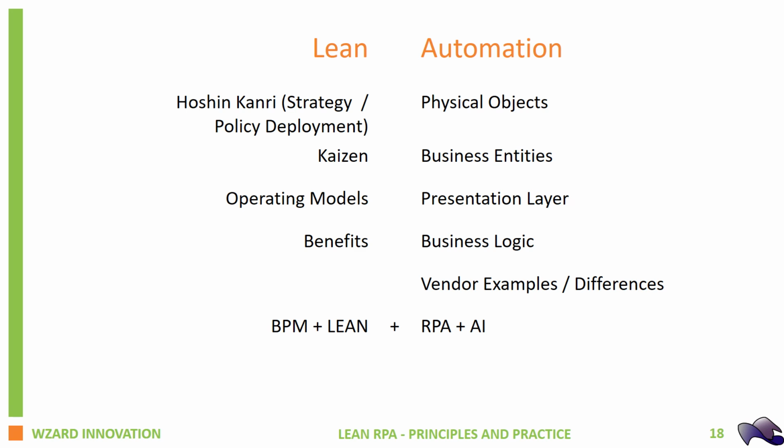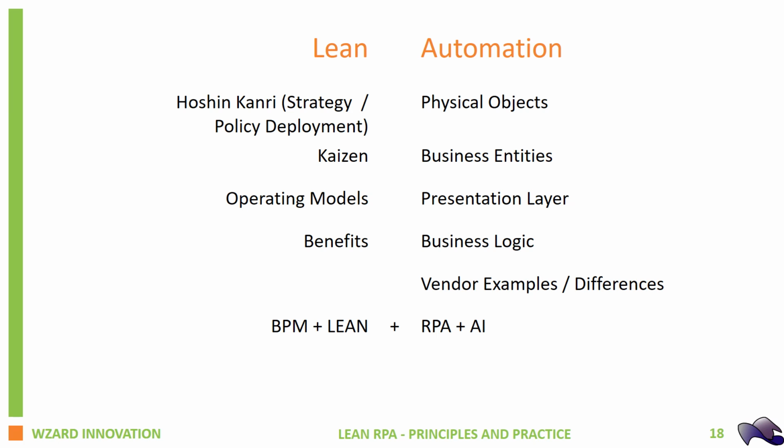From an automation perspective, we've started to differentiate now between physical objects or the underlying systems, the business entities or logical entities which can help you to document and reuse different new components in your automation. We've looked at creating new presentation layers for automation, for how you interact with that automation, be that at the desktop or via back office unattended.